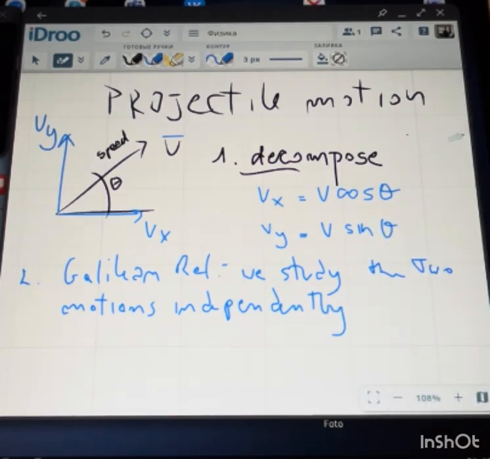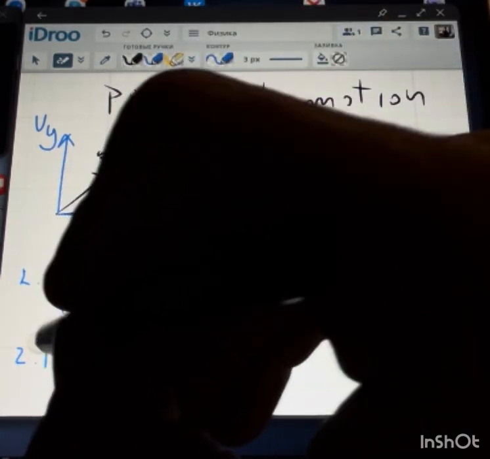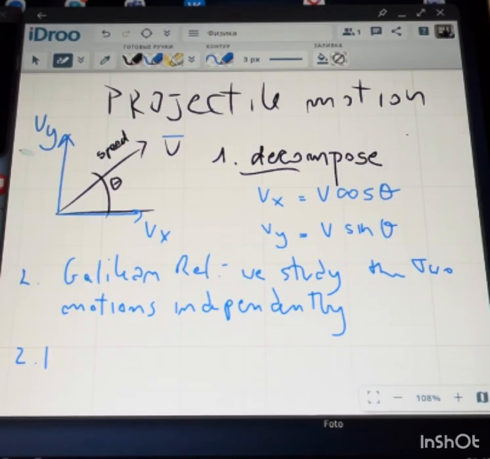Where do we start from? Well, we have two axes. We have to look at the y-axis and at the x-axis independently. So where do we start from and why?